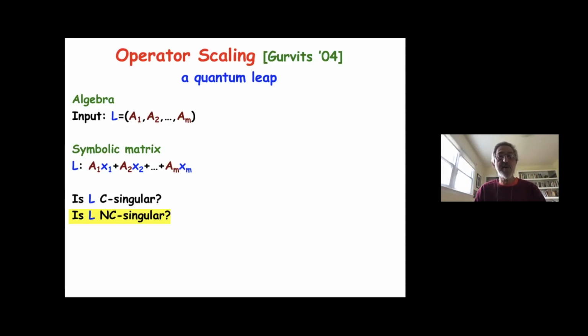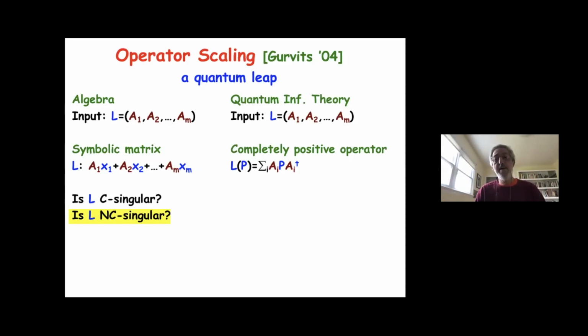Here it was just coefficients of a symbolic matrix, but in quantum information theory, a tuple of matrices is really a positive operator. That's how you should think of it. This tuple of matrices, think of them as an operator, let's call it L of P. The input to it is P, a matrix, and it acts on the matrix by multiplying on the left by AI and on the right by AI transpose.